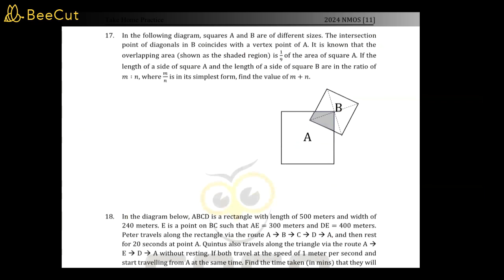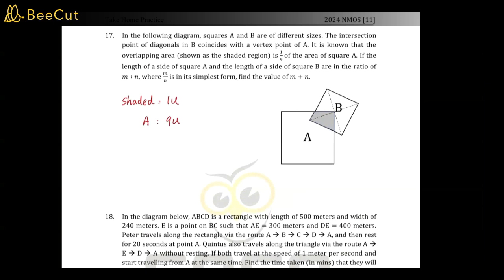Okay, next in question 17. So this one says that the shaded region is 1/9 of square A. Let's say the shaded region is 1U. So square A is 9 units, 1 out of 9.